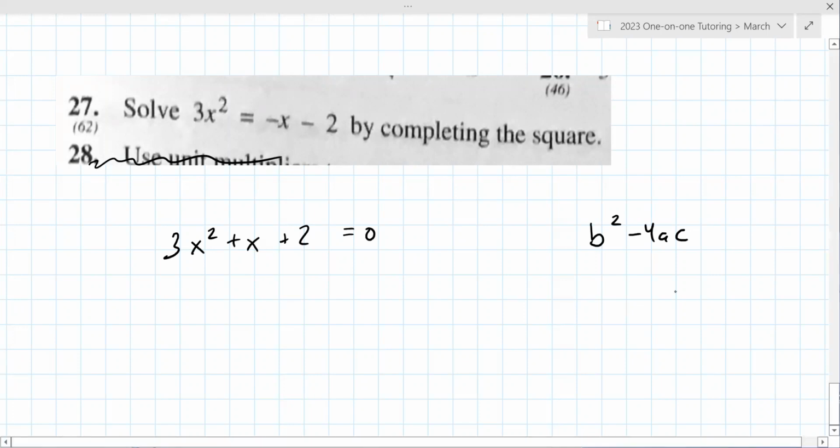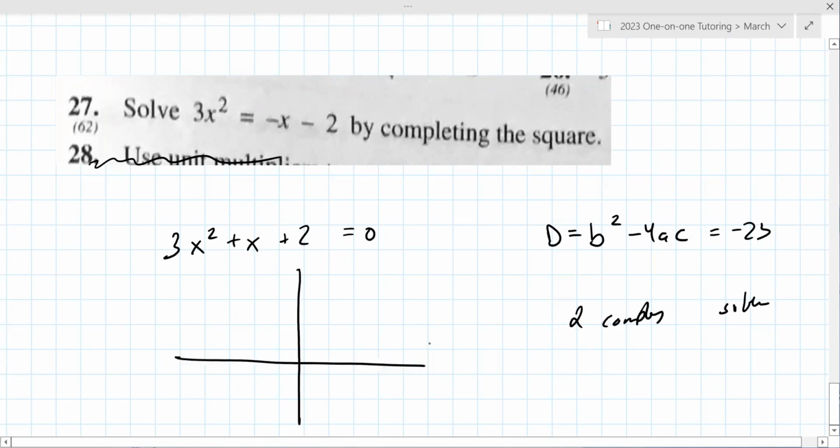So again, that tells you that there are 2 complex solutions. Now, also, here's what this means graphically. Does this quadratic open up or down? Up. So it looks something like this, meaning it does not cross the x-axis.